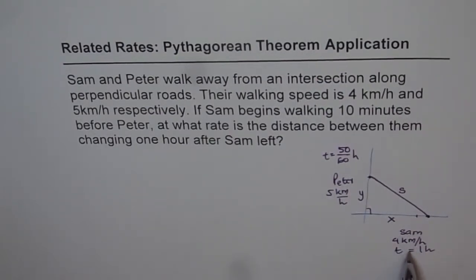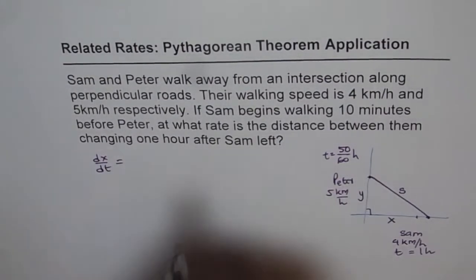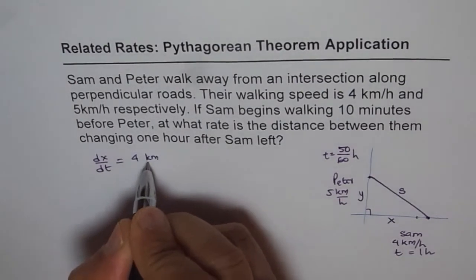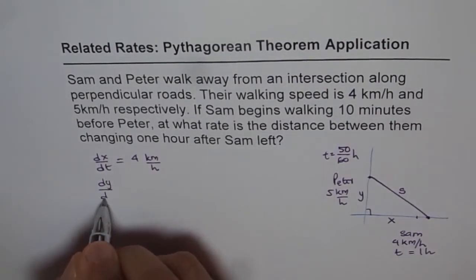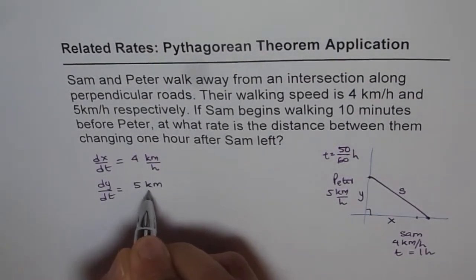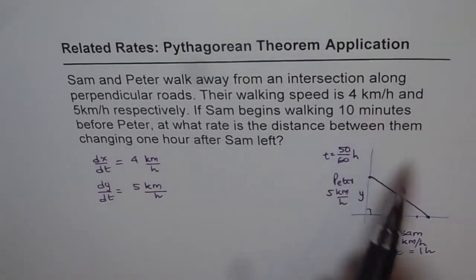The rate of change in x, dx/dt, is given to us as 4 kilometers per hour, and we know dy/dt is 5 kilometers per hour, and we want to find what is going to happen after an hour.